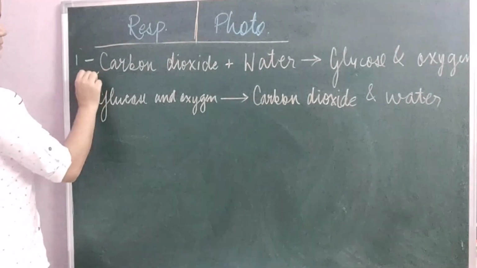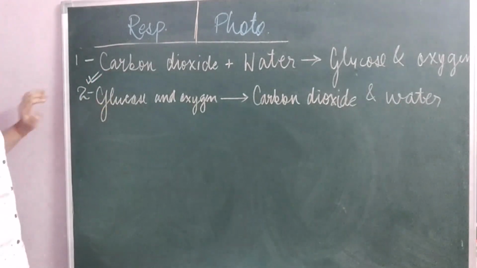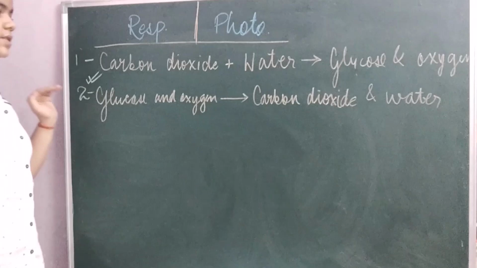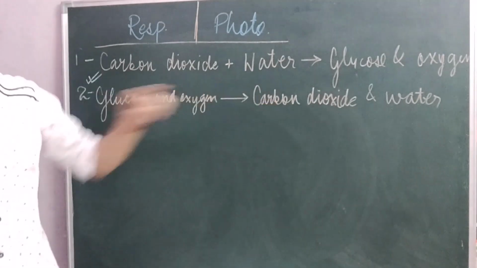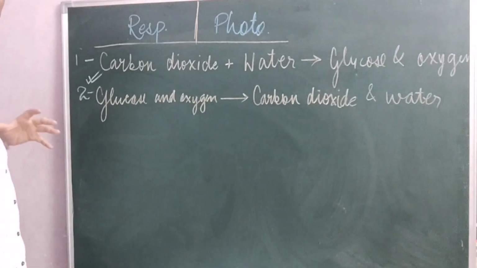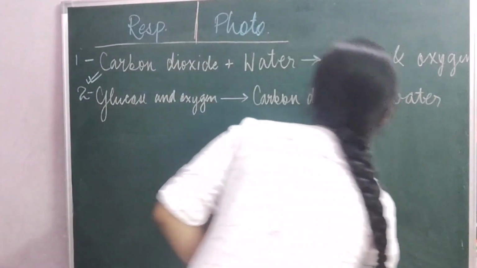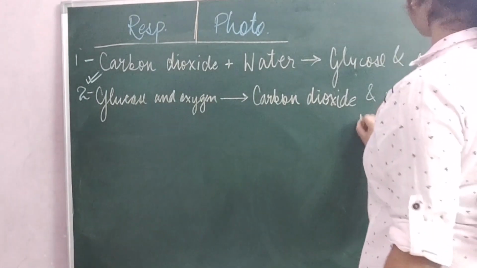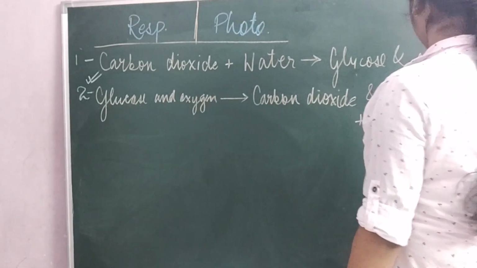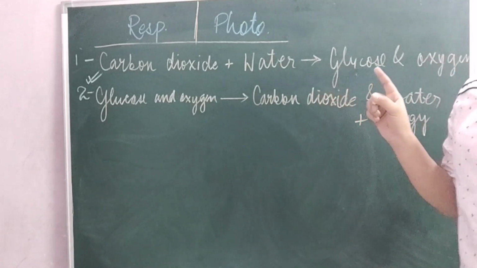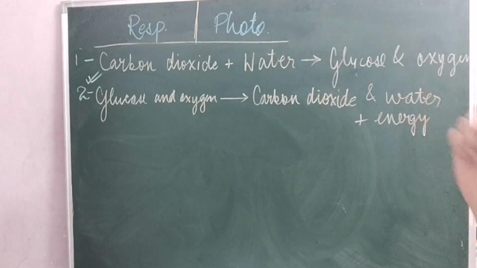Exactly this one, जिसमें ग्लूकोज के साथ ऑक्सीजन का इस्तेमाल हो रहा है, कार्बन डाइऑक्साइड और वाटर फॉर्म करेगा. क्या ये कंप्लीट है? जी नहीं, ये कंप्लीट नहीं है, क्योंकि जब तक एनर्जी फॉर्म नहीं होगा देन इट इज इनकम्प्लीट.